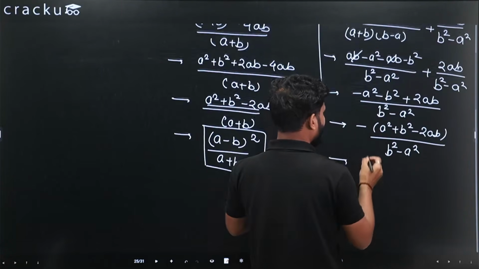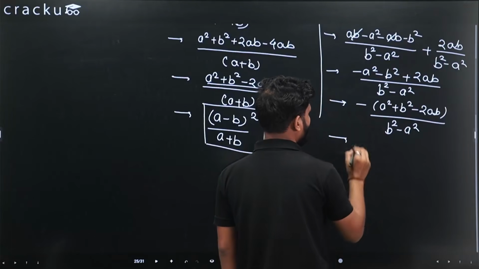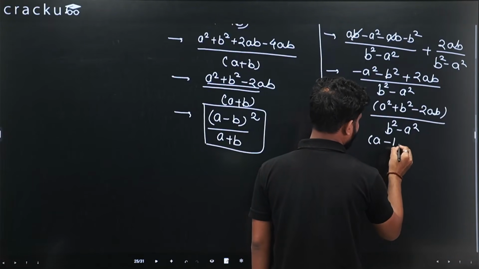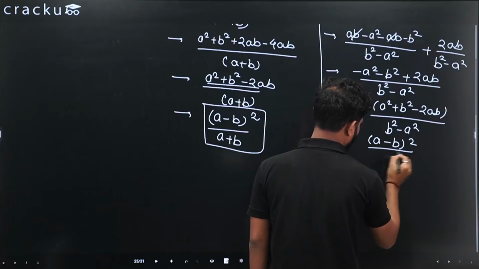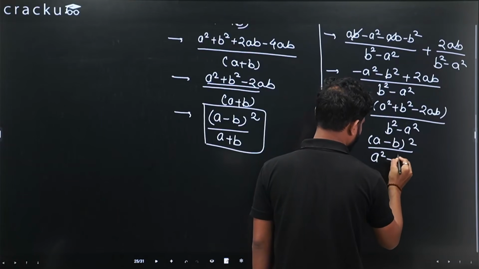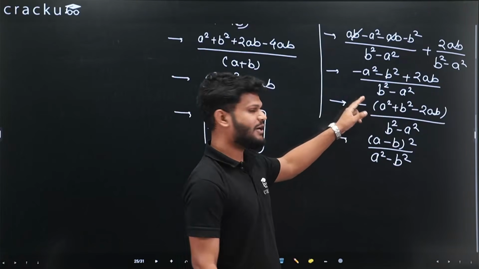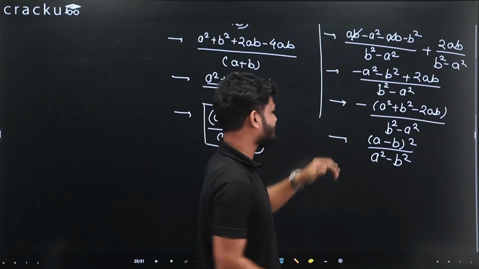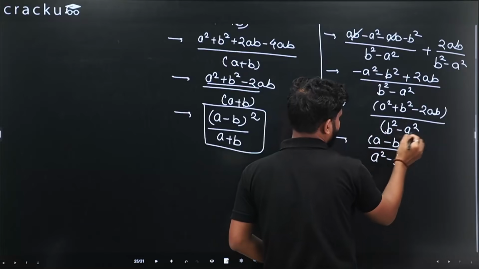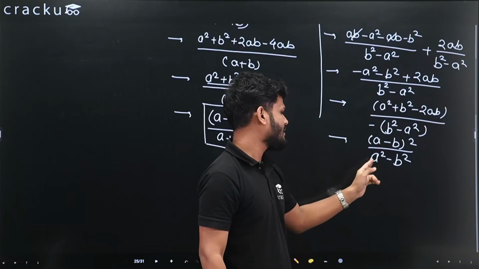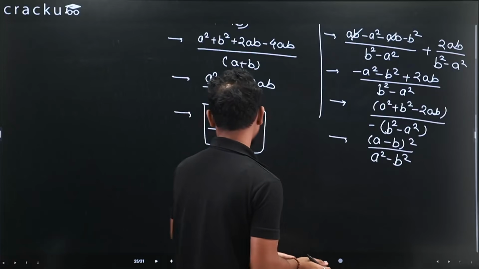If I multiply by minus sign on numerator and denominator, I will get A minus B whole square upon A square minus B square. What did I do? I multiplied numerator and denominator by minus, so this will get cancelled and here it will be minus. It is A minus B whole square and denominator is A square minus B square.